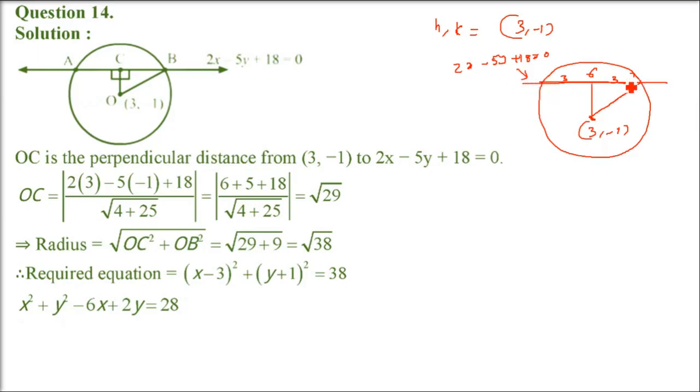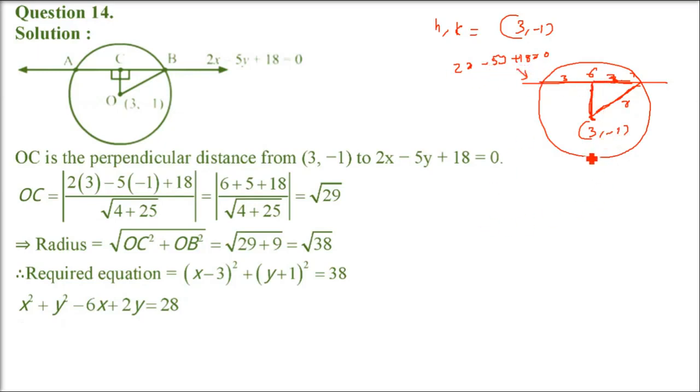The line we already have, and this perpendicular distance, we know how to find the perpendicular distance from a point to a line. The base distance 3 is known. If I am able to find the distance of this center from the chord, we can easily find the radius.